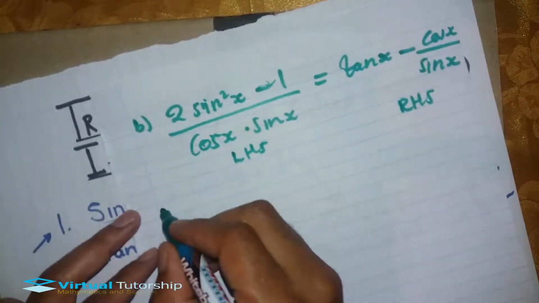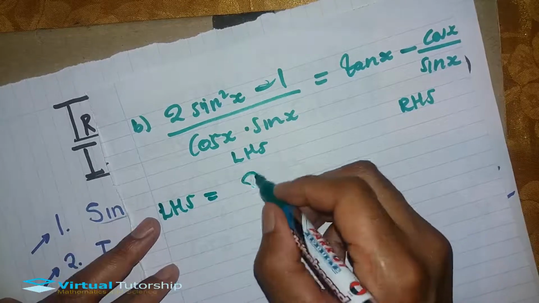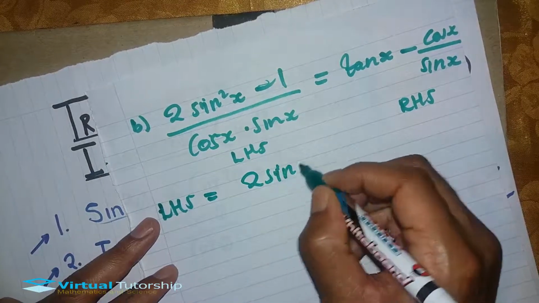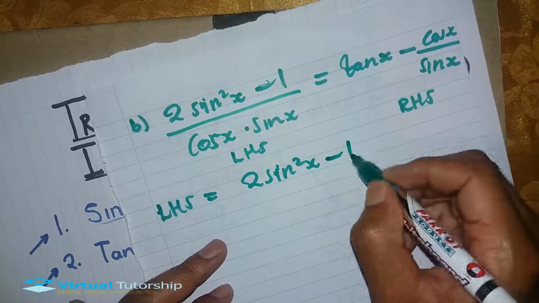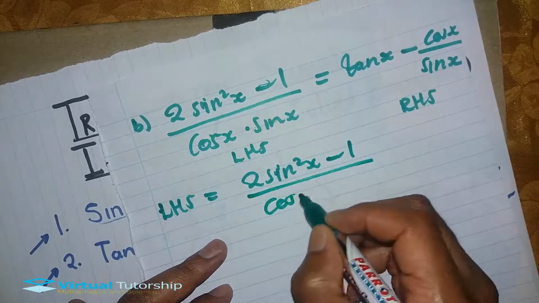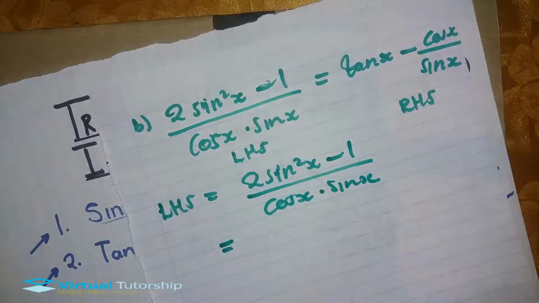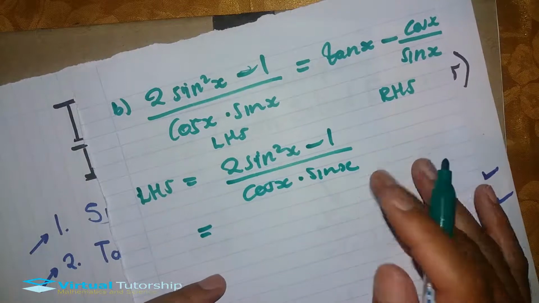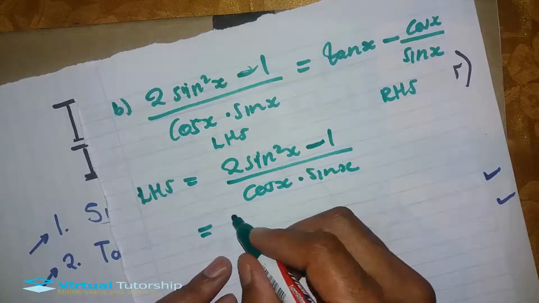So the left hand side equals 2 sine squared x minus 1 over cos x times sine x. Okay, so we simplify further, guys.